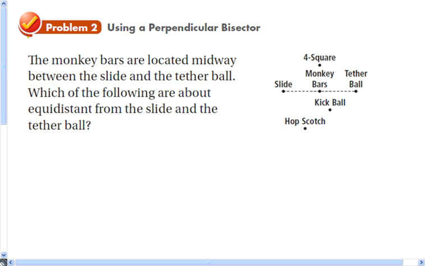Okay, so problem 2: the monkey bars are located midway between the slide and the tether balls. Which of the following are equidistant from the slide and the tether ball?